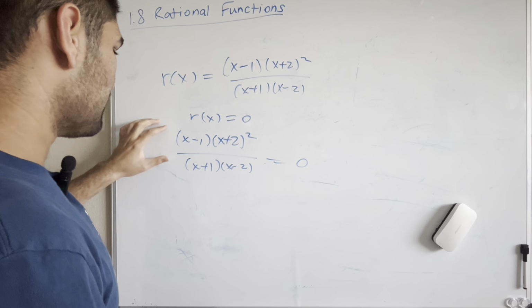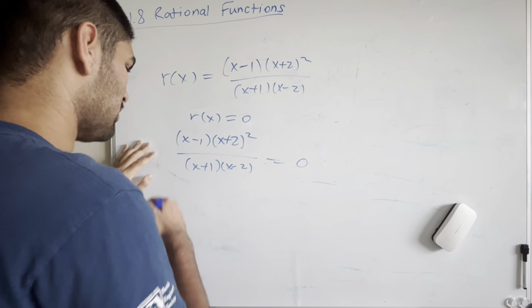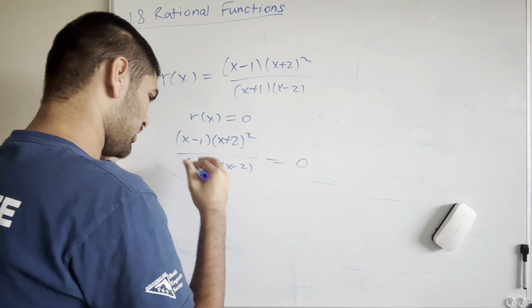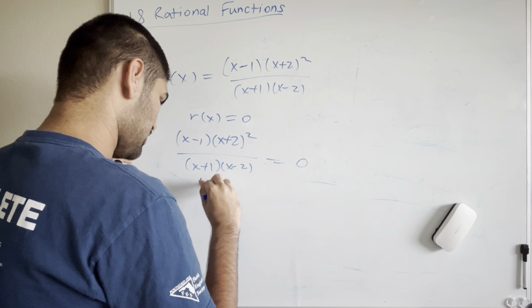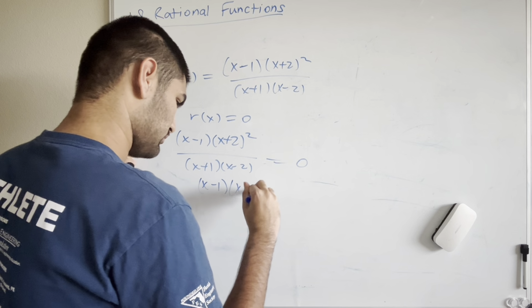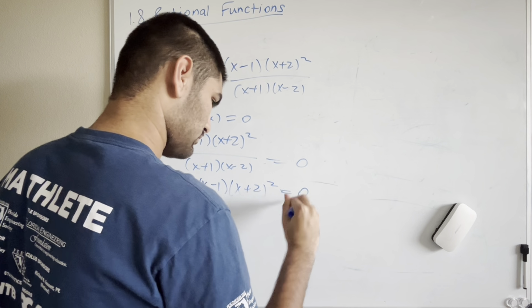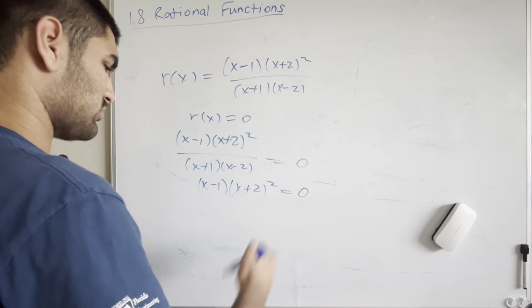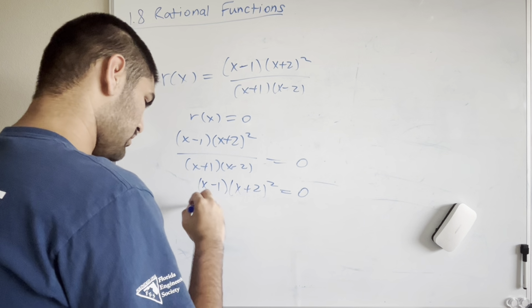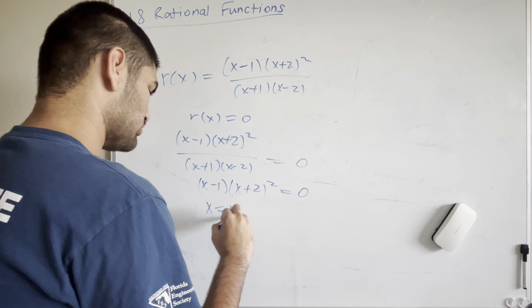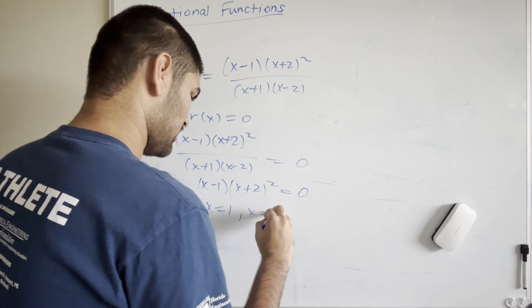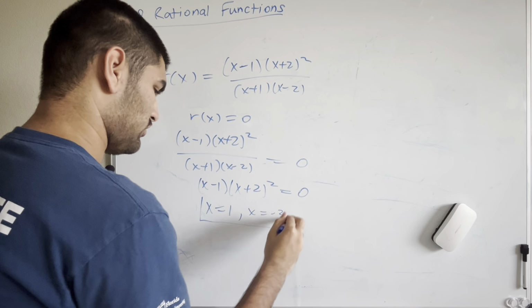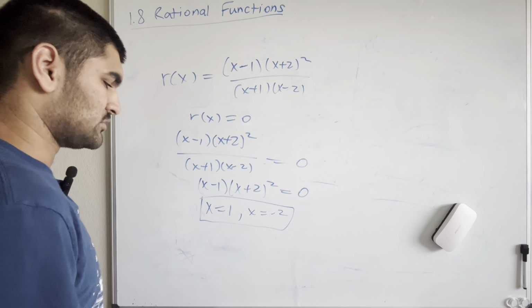So that's why the only way this can equal 0 is if the top is equal to 0. So we can just ignore the denominator here and set the top equal to 0. And then from here you just solve. So set each of these factors equal to 0, and then you'd get x equals 1 and x equals negative 2. So these are just the zeros of this rational function.